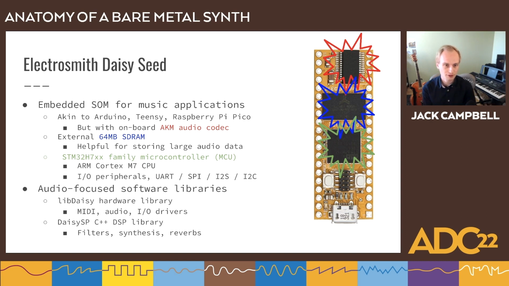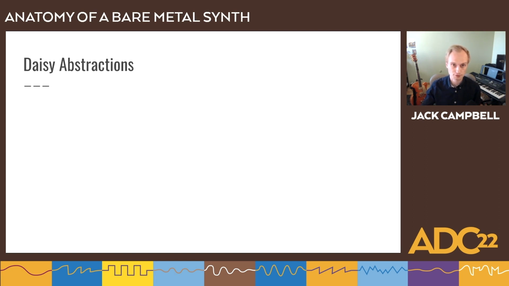But this DSP library vendored by Daisy is really nice. I've used it in JUCE plugins before for hobby stuff, and it's really portable and small. It's got your basic food groups in it, filters, oscillators. It's got some nice reverbs in there, and we use it to make our program pretty small without doing a lot of our own DSP.